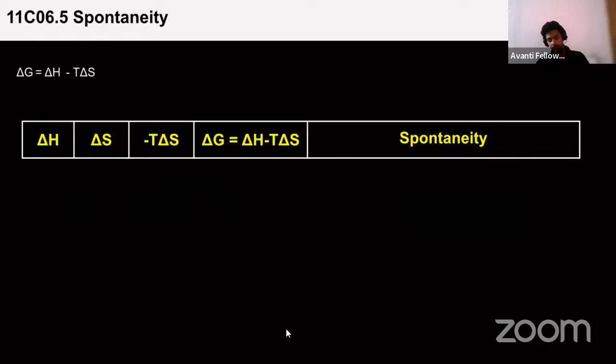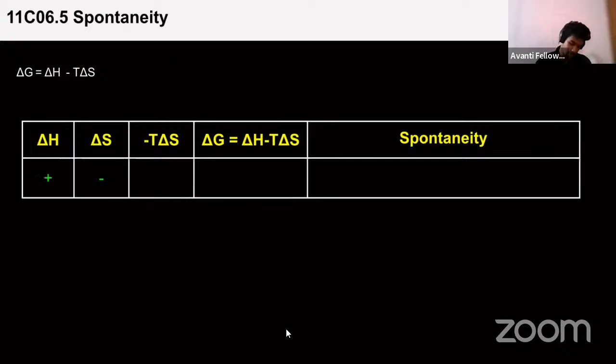Now, let's see different cases whenever enthalpy is positive or negative and entropy is positive or negative, and what happens to temperature if these two cases are different. First, let's say enthalpy is positive. That is equal to positive minus T delta S. What should the delta S value be if you want delta G to be negative?